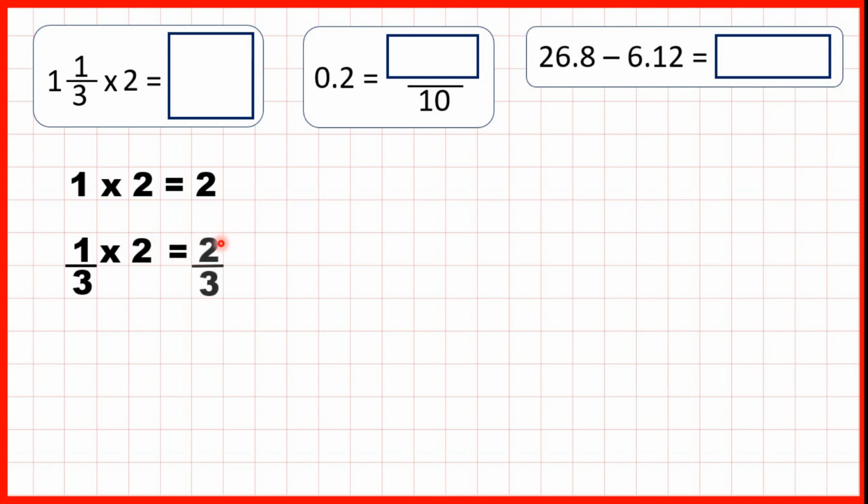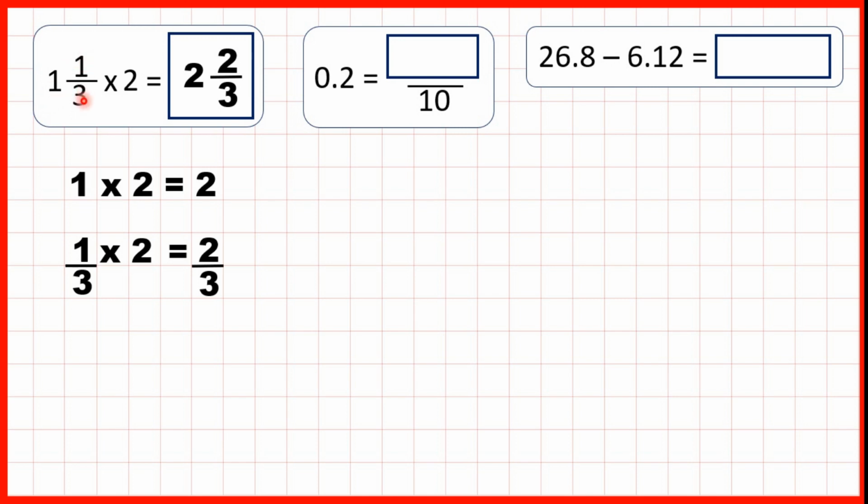So 1 times 2 is 2, but the denominator stays the same. Now we can put this all together. We have 2 and 2/3 because we're adding what we got from multiplying our whole number to what we got from multiplying our fraction.